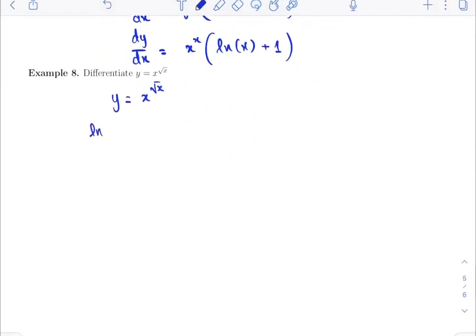You get ln of y equal to ln of x to the square root of x, and use the power property of logarithms to rewrite the right-hand side. This gives me square root of x times ln of x. Let me note that I used the power property.